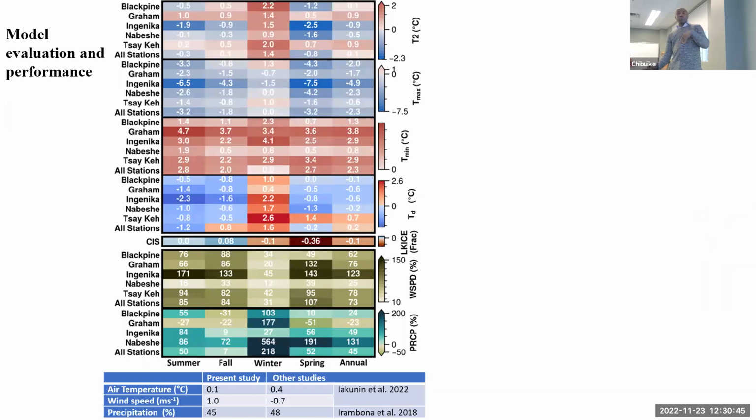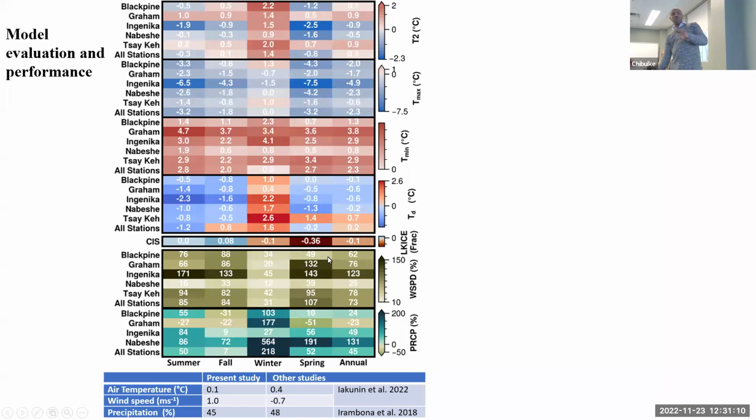But overall, when we compare with other studies that have also used models to assess the climatic effects of lakes, we find that our work is comparable or even slightly better than some of these efforts.